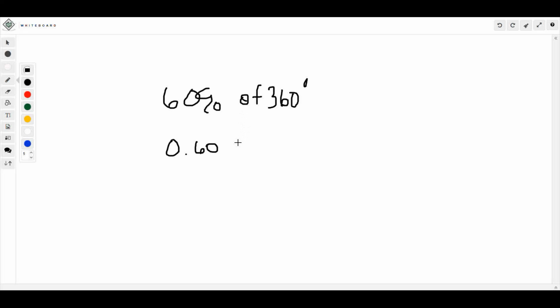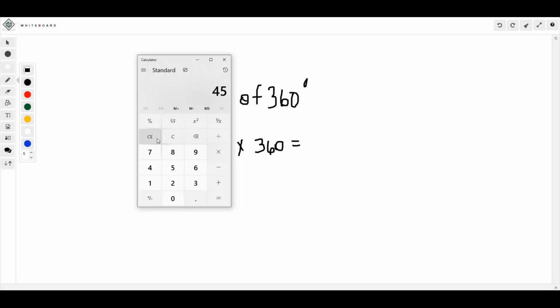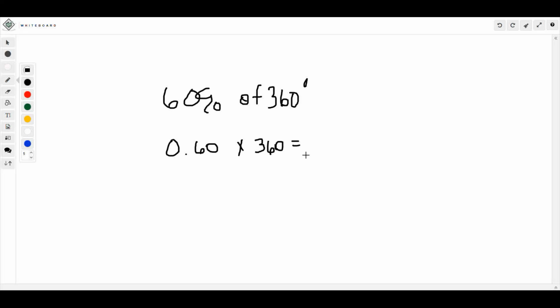And then of is times, and then 360. So you multiply that, and that's how they got the measurement. So let me show you. 216. Okay? And then they said the 25% of 360, when they did 0.25 times 360, they get 90 degrees.